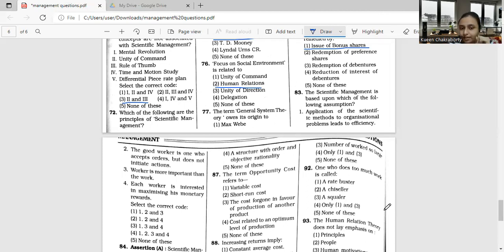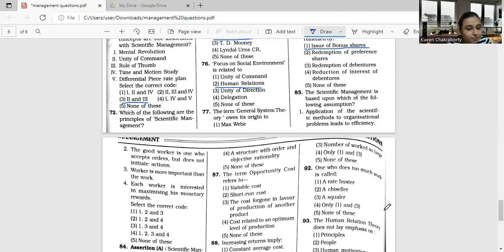Next, they assume that the good worker is viewed as one who accepts orders but does not initiate actions. Man is primarily, if not exclusively, motivated by money. Therefore, maximum production comes if the pay is based on the amount produced.